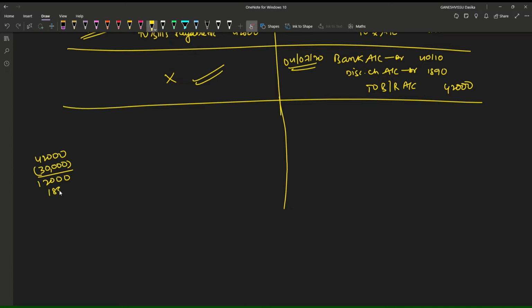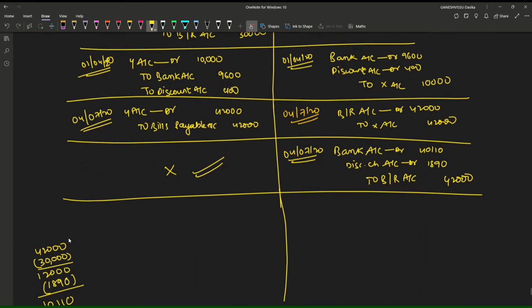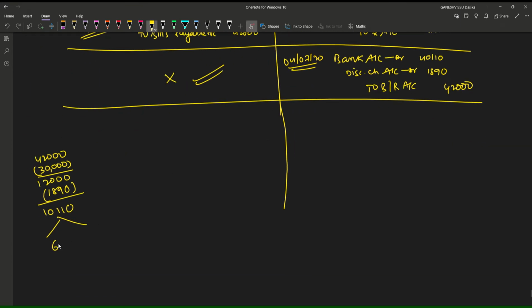We need to subtract 1,890 rupees also, because this is the discounting charge which has been made. 12,000 minus 1,890 is 10,110. Out of this 10,110, he has sent rupees 6,740 to Y, and the remaining is 3,370.